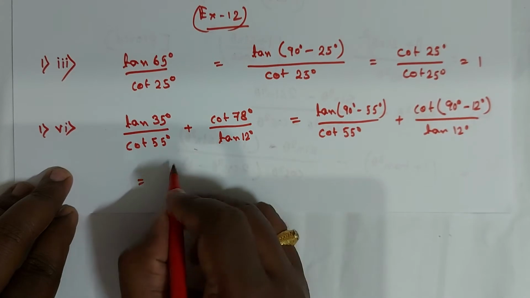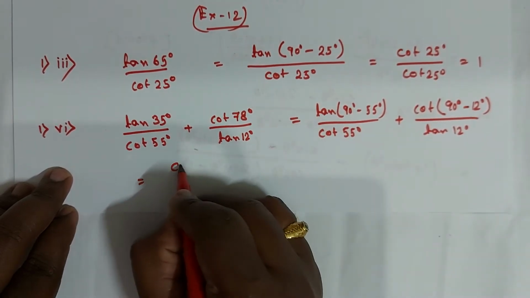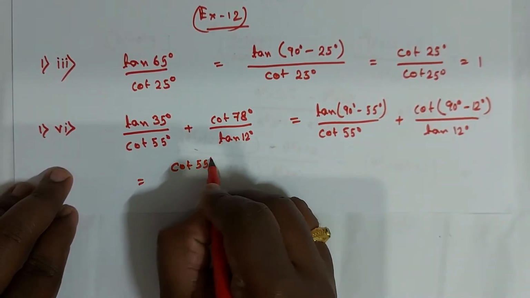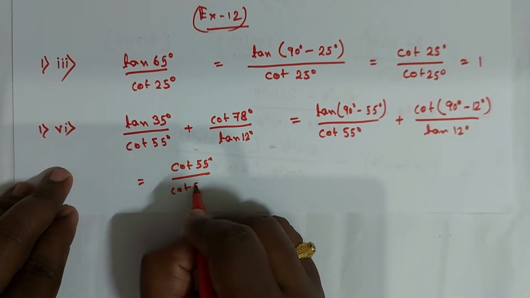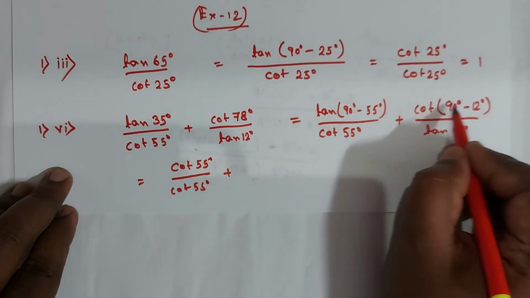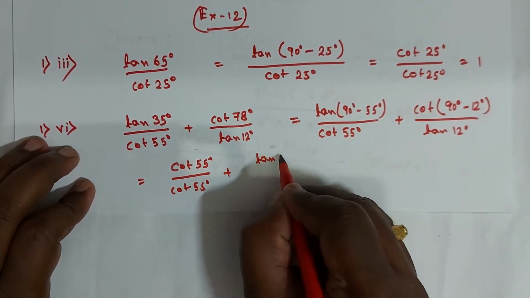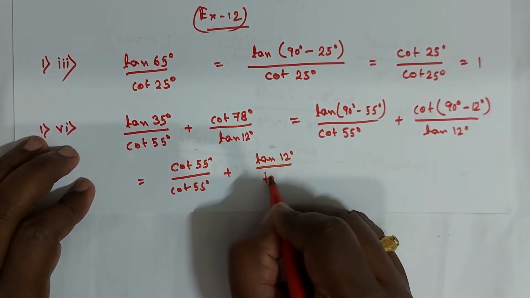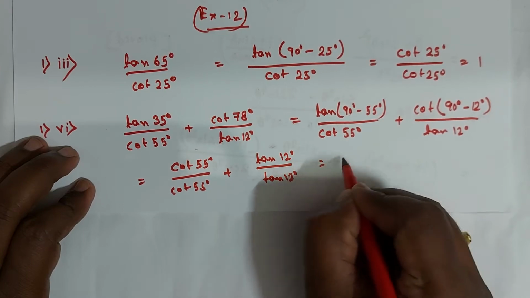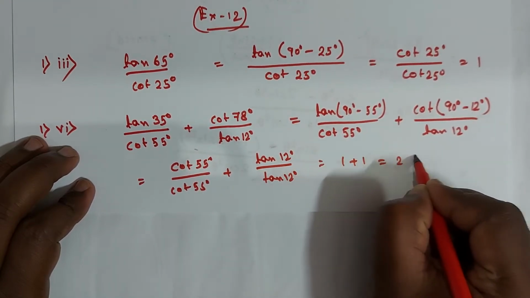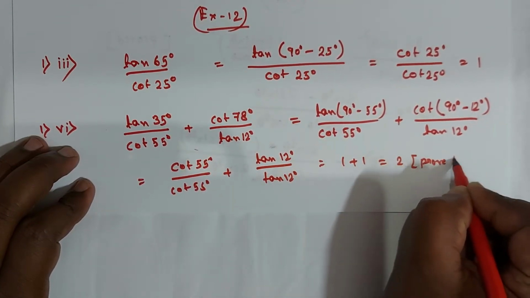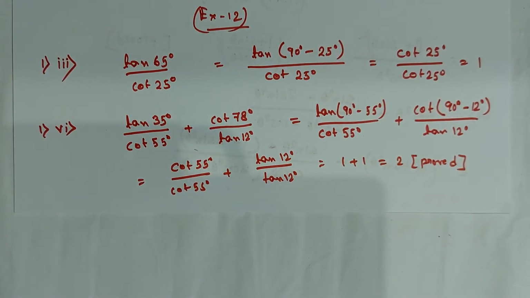So now tan of 90 minus theta is cot theta, that means cot of 55 degree by cot of 55 degree plus cot of 90 minus theta, so that is tan theta. So tan of 12 degree by tan of 12 degree, so this is 1 plus 1 equals 2, proved.